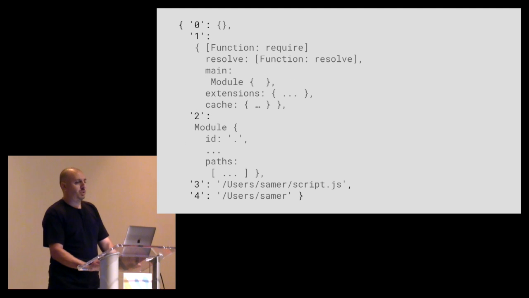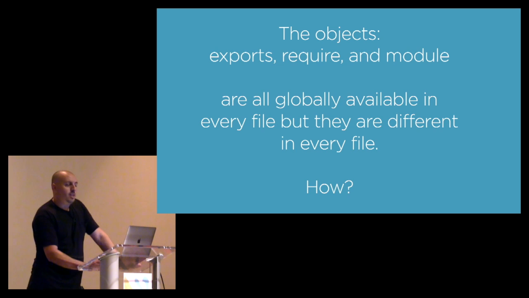One more related question. The exports, require, and module are all globally available in every Node file, but they are different. So when you inspect a require object in one Node file, it's different than the other. But it's globally available. You just do require or module.